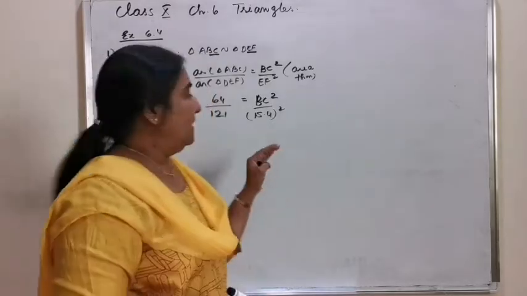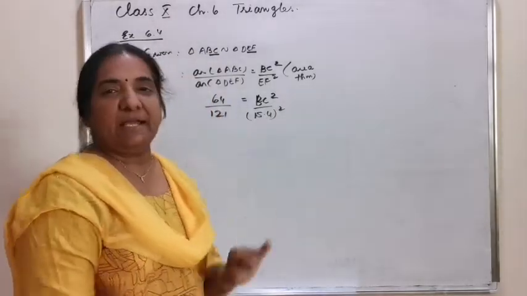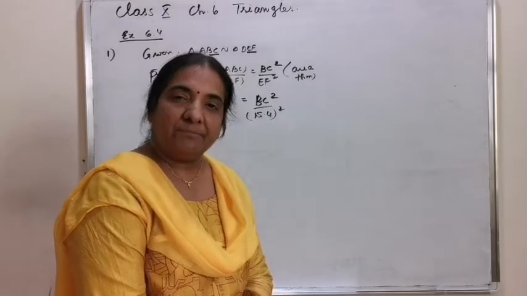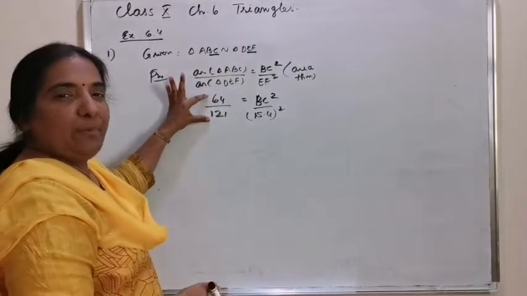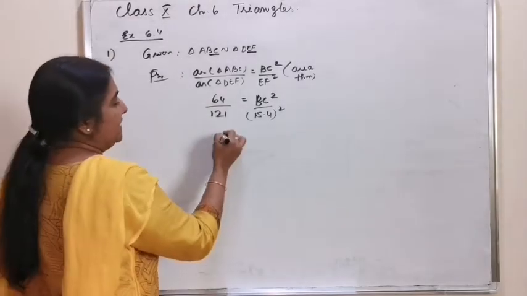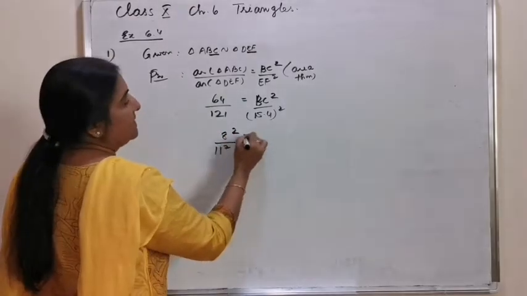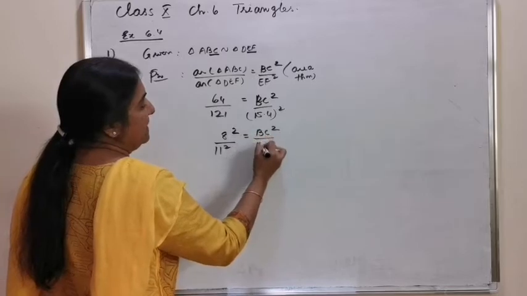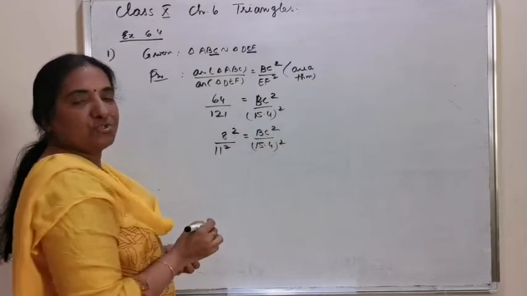If you take the squares and cross multiply, it will take a long time, but most probably the numbers given here will be square numbers. 8 squared by 11 squared is the same as BC squared by 15.4 the whole squared.